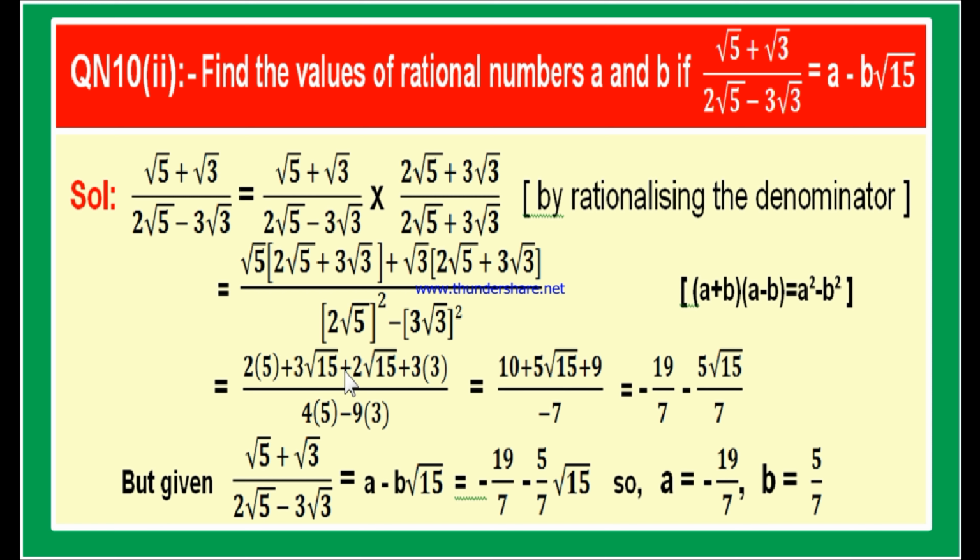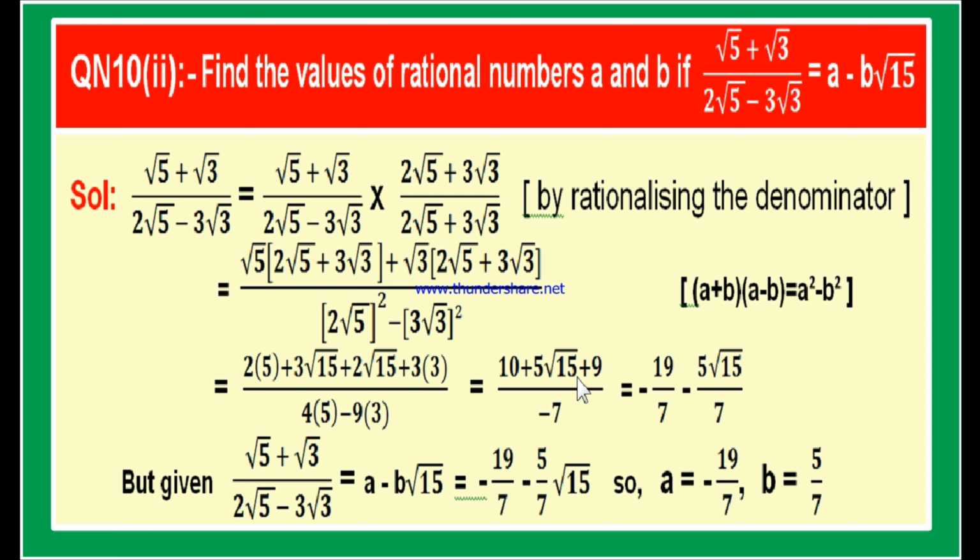You see how this −7 comes? If you observe here, (2√5)²: 2 square is 4, √5 whole square is 5, minus 3 square is 9, √3 whole square is 3. 4 fives are 20, minus 9 threes are 27; 20 minus 27 is −7.